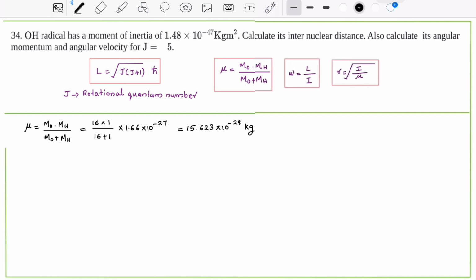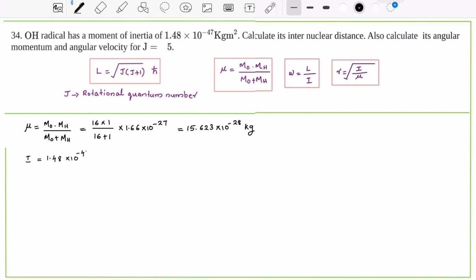That is equal to 16 into 1 divided by 16 plus 1 into 1.66 into 10 raised to minus 27 kilogram. And that is equal to 15.623 into 10 raised to minus 28 kilogram. Here the mass of oxygen is taken as 16 and the mass of hydrogen is taken as 1 AMU.